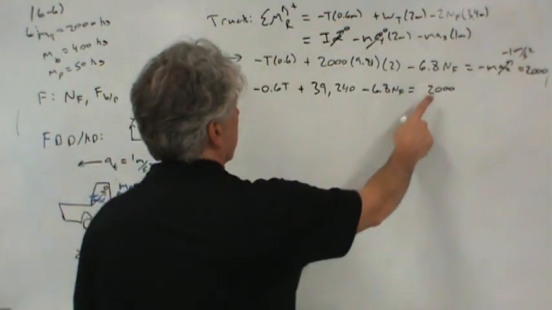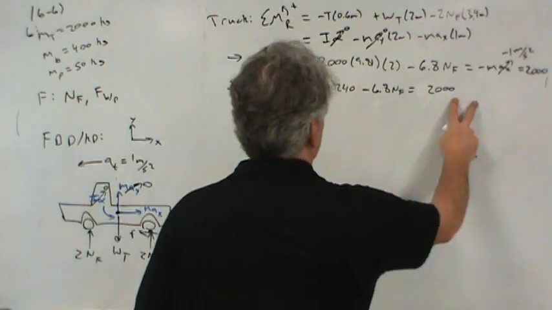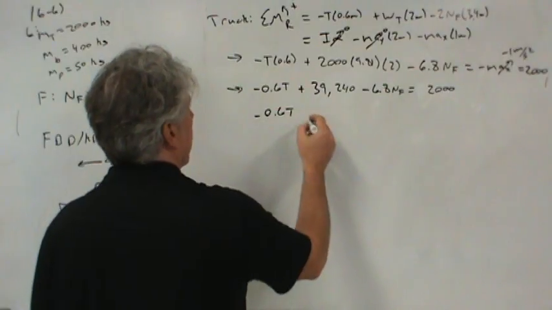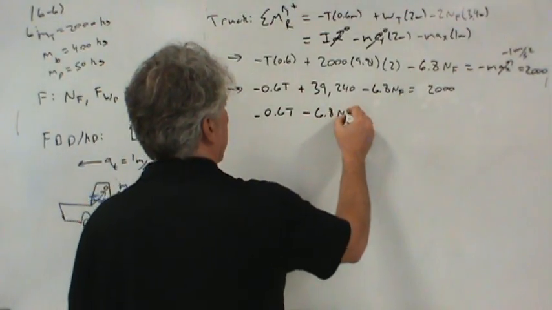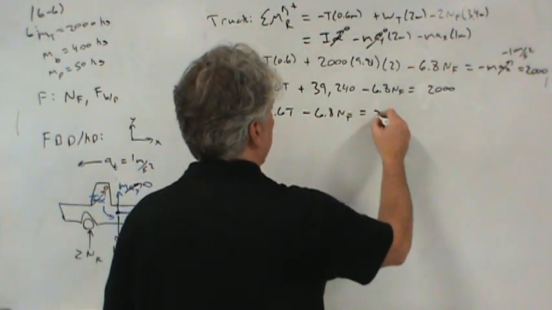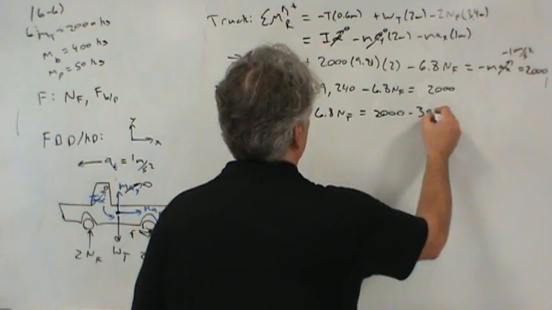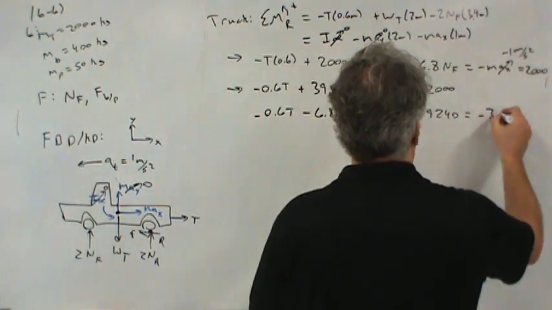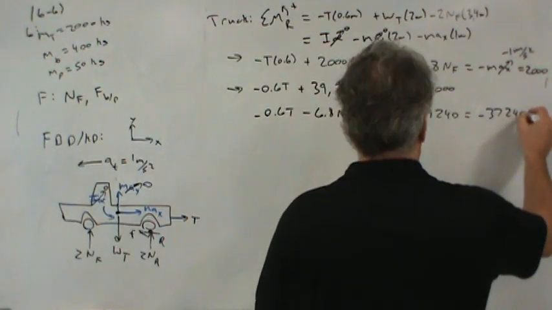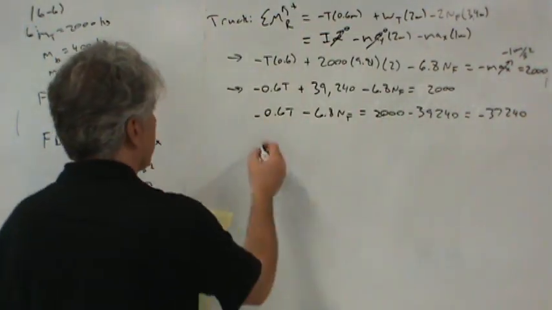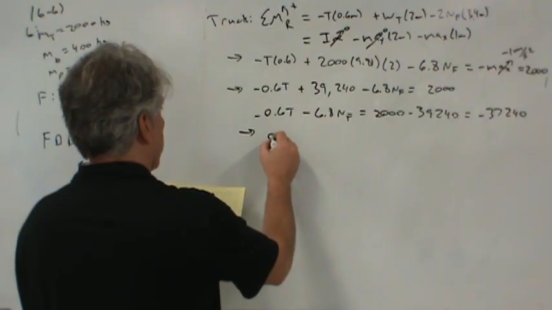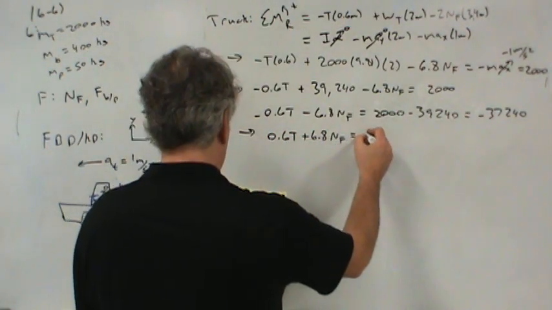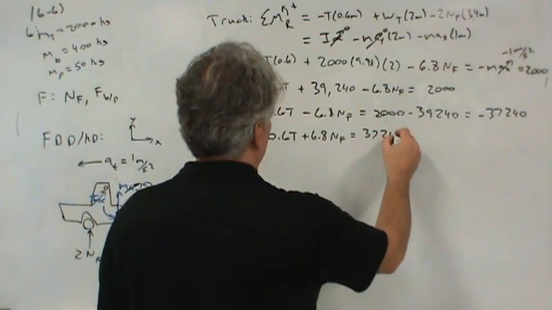So it's positive, and when I take this to the other side, we get negative 0.6 T minus 6.8 NF. I just have to read my sheet right, and then we're okay. 2,000 minus 39,240, and that is negative 37,240. There we go. And so basically my equation ends up being 0.6 T plus 6.8 NF equals 37,240.